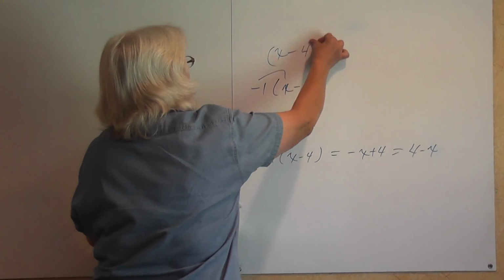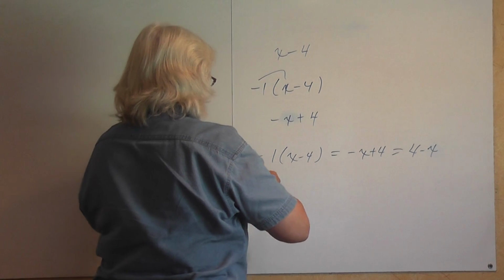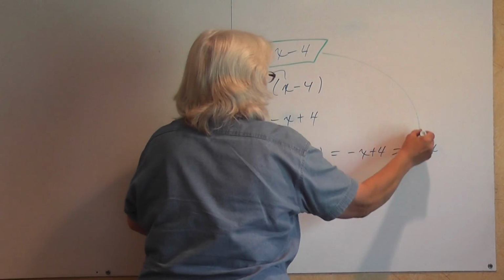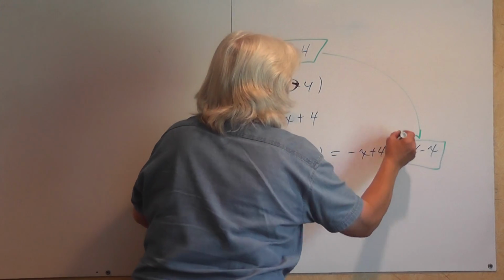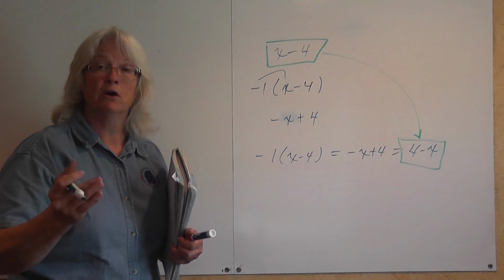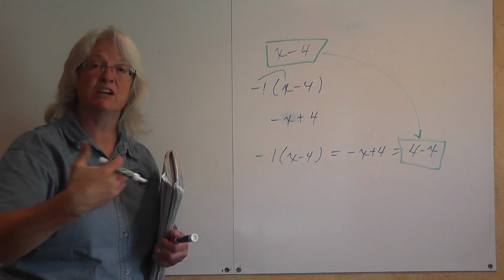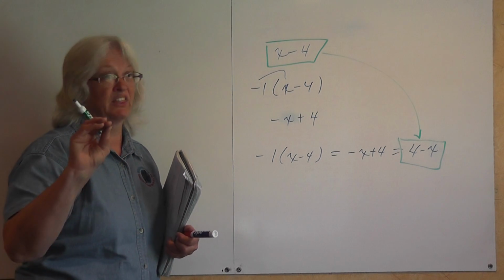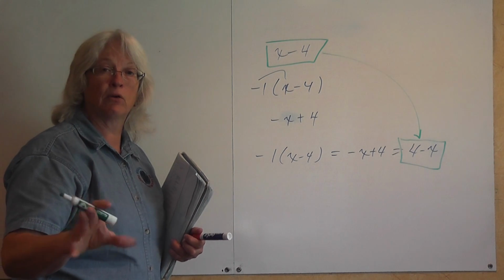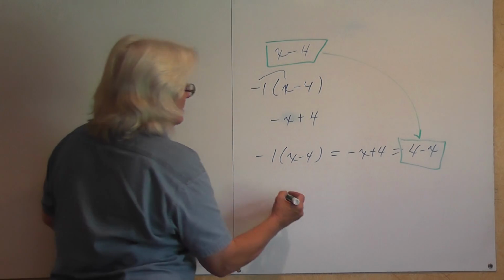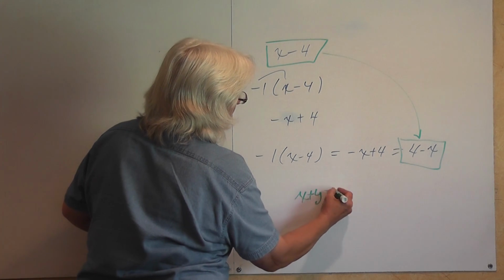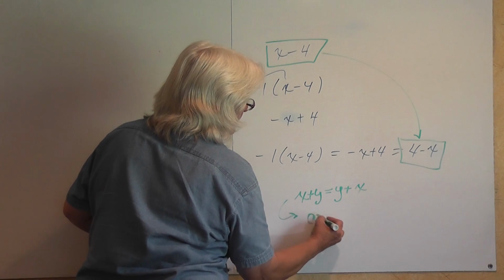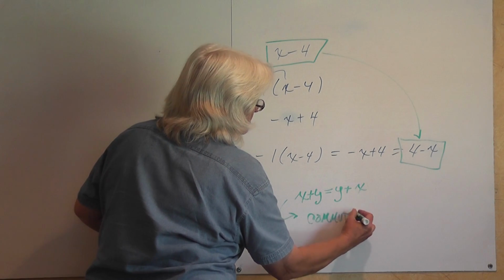Okay, we started off with this binomial here, x minus 4. When we multiply it by negative 1, we have the related expression 4 minus x. Now, what we just did in the previous problem, we had a factor of y plus x in the numerator, and a factor of x plus y in the denominator. We were able to cancel those because x plus y and y plus x have the same value because addition is commutative.